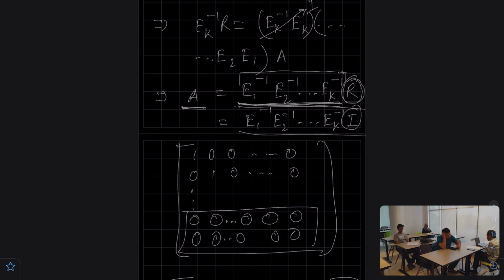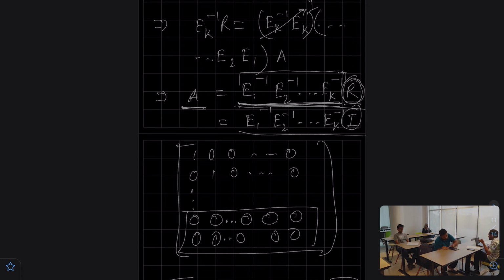So if I start with A as an invertible matrix, then this R has to be an invertible matrix, right? Otherwise, I cannot conclude that A is an invertible matrix. Since A is invertible, this gives us the clue that R has to be an invertible matrix.